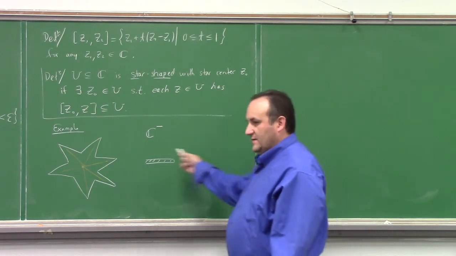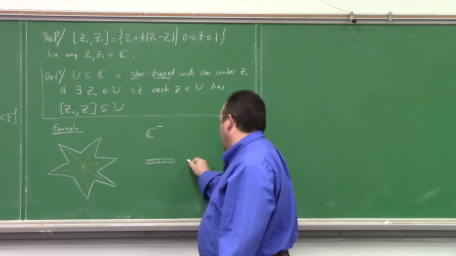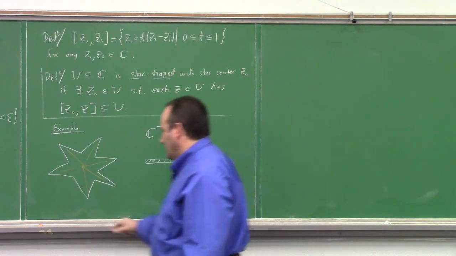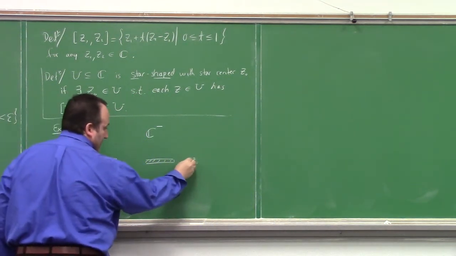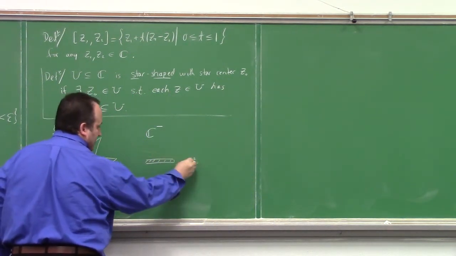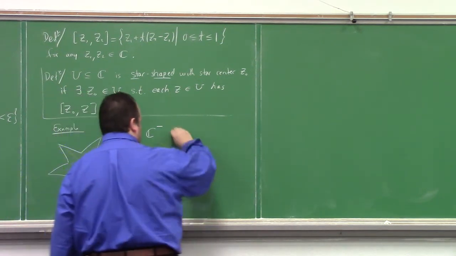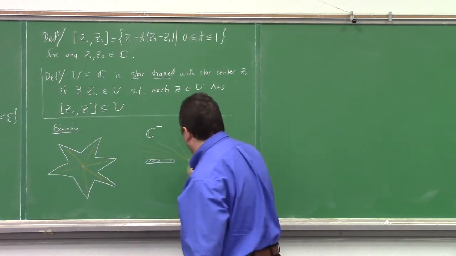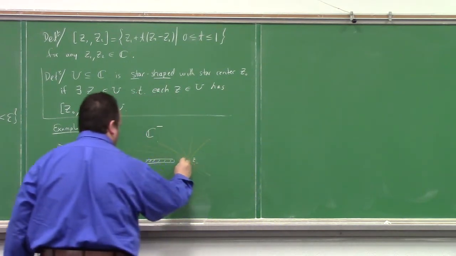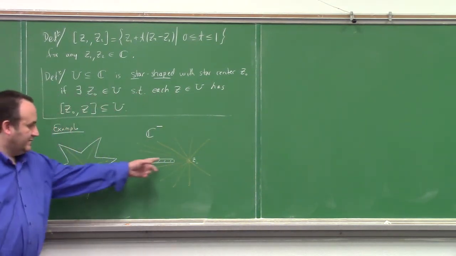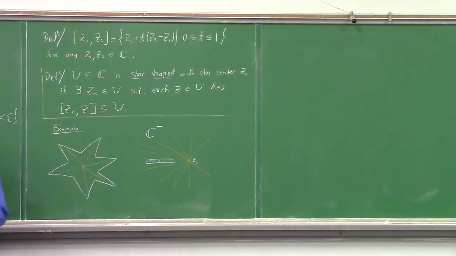Well, you can make the star center any point, like over here, because you can reach any point in the slit complex plane by line segments based on that point. You just can't hit the deleted axis. Of course, the complex plane itself is star-shaped. You can take any point as a star center because you can take a line segment from one point in the complex plane to any other one. So lots of sets are star-shaped.